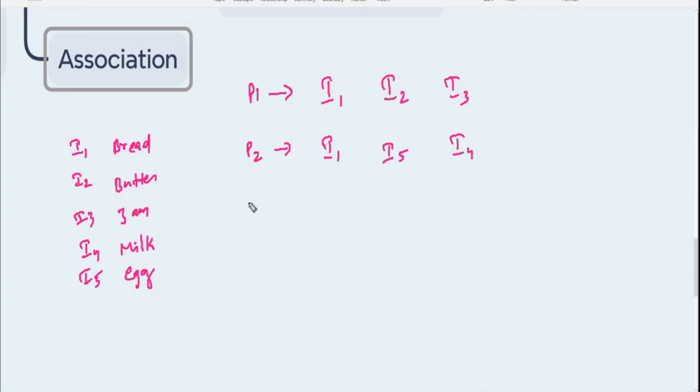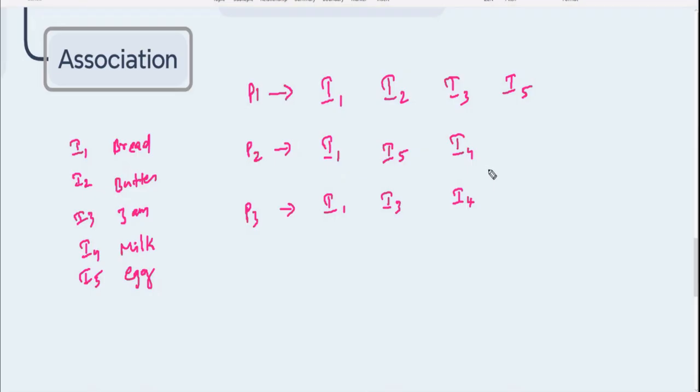Person three is buying bread, jam, and then milk. Like this, as many persons as I want, I can create. It is not necessary that everyone buys three products. Some can buy more, so in person one, I can even add that he is purchasing egg also.